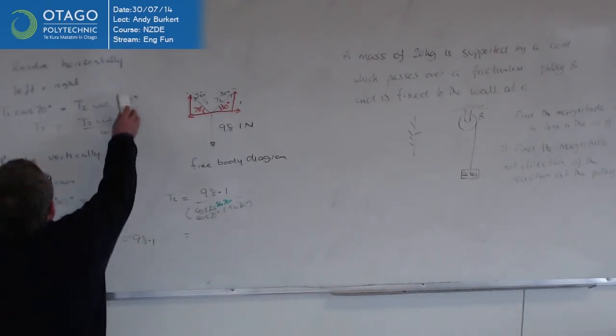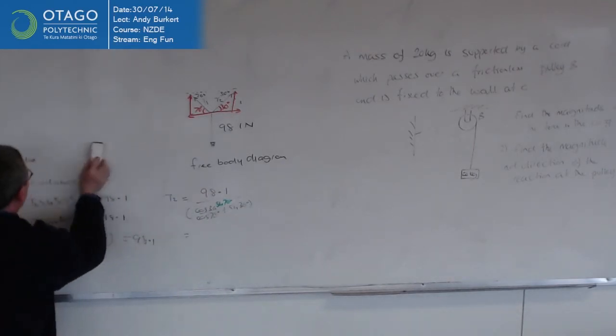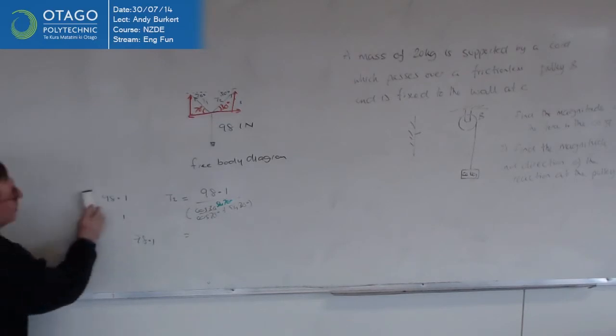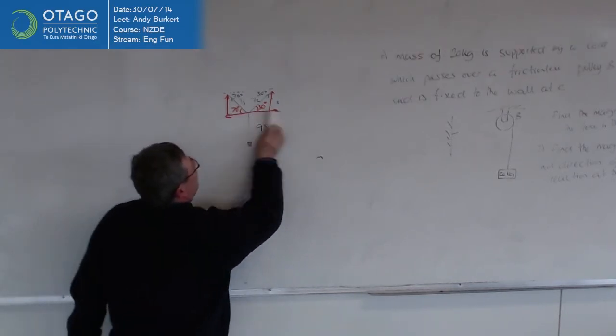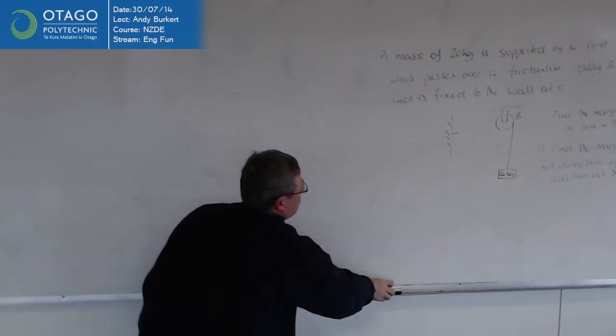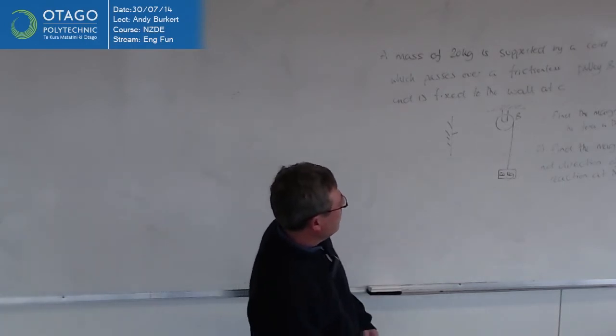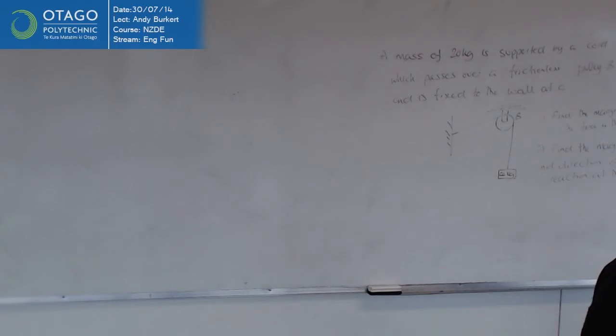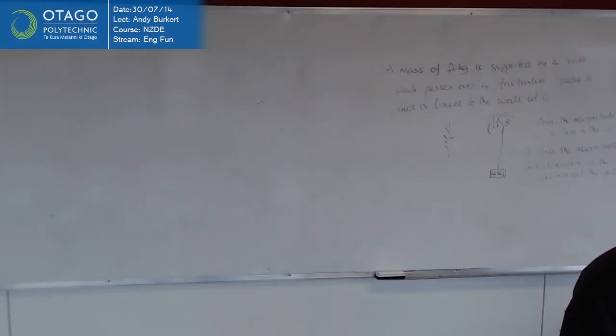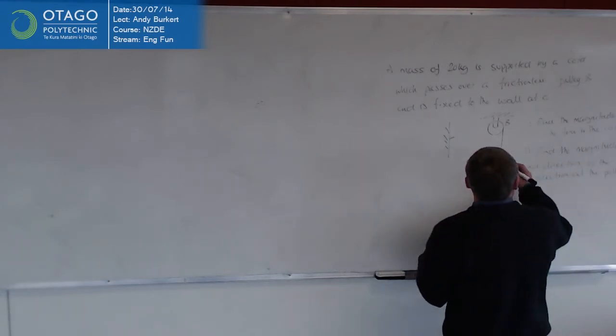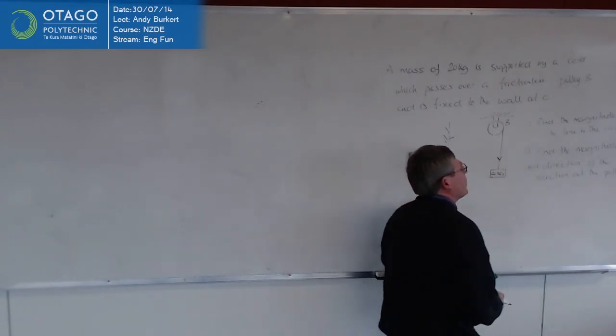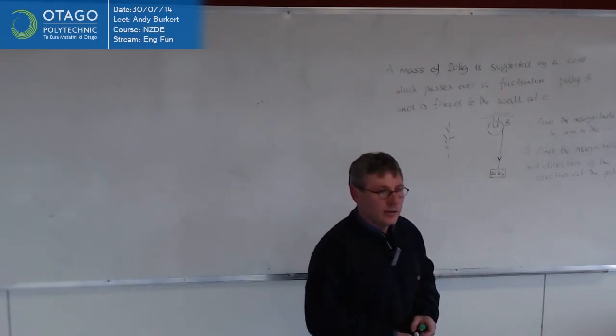Right, so there's the problem we're trying to do, and we're going to use a triangle of forces to do it rather than resolving. So the first one is quite straightforward. Okay, what's the force acting down on that side of the pulley?